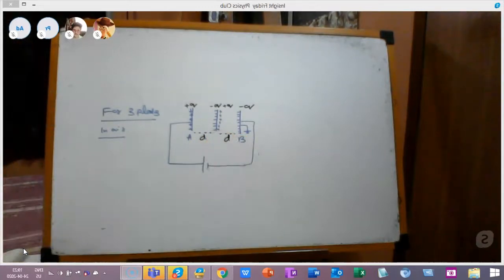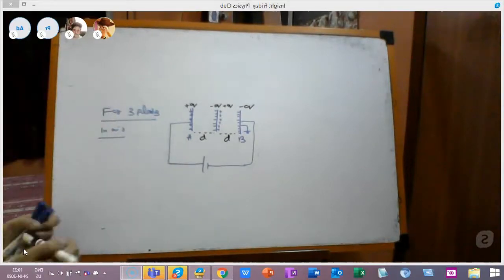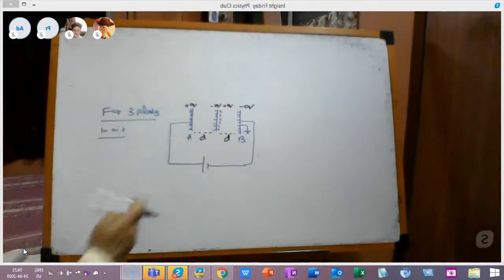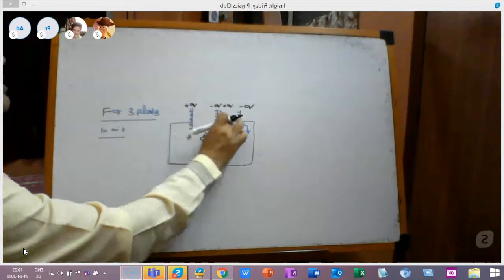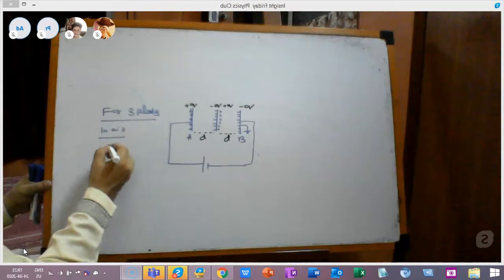So how many capacitors do you see there, and what combination are they? What is your concept here? Number of capacitors is 2. This is one and this is the other one.